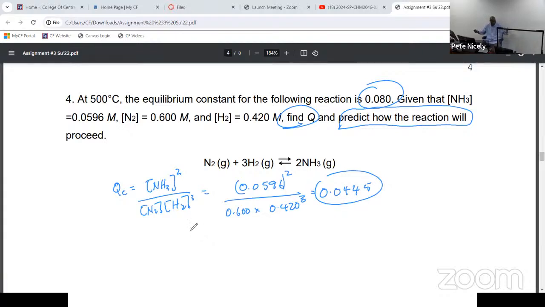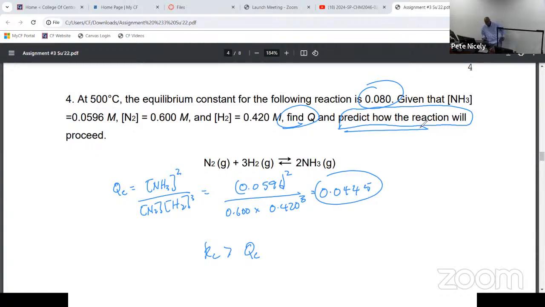That should be easy. Which has a larger magnitude? Okay, so therefore we can say that KC is greater than QC. So the question is asking, predict how the reaction will achieve. In other words, what will happen in order for the system to achieve equilibrium?